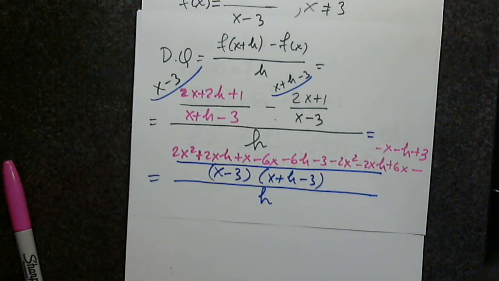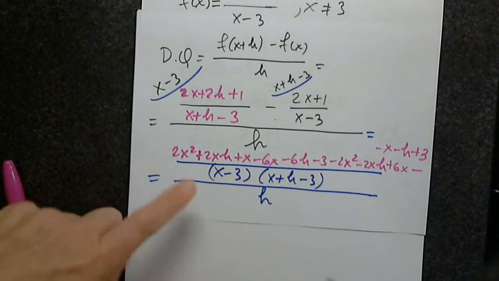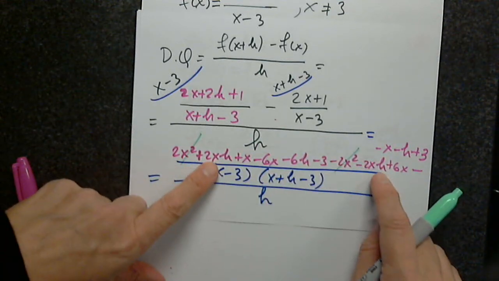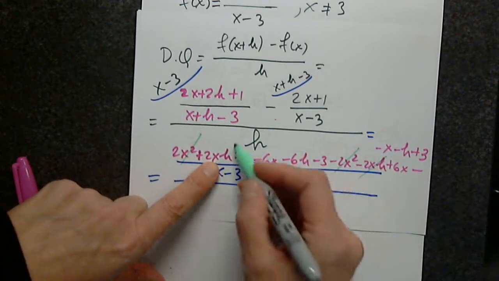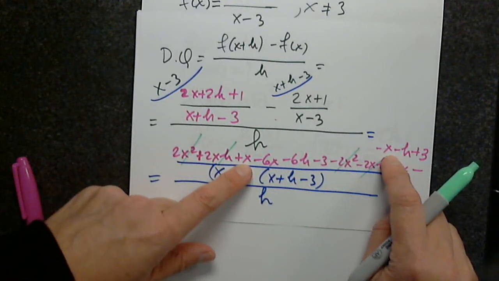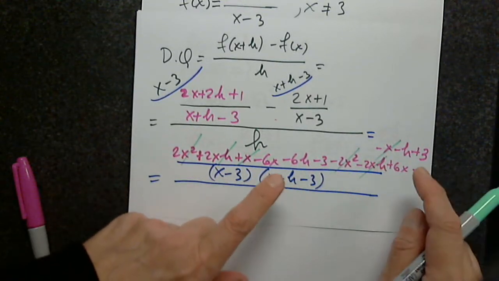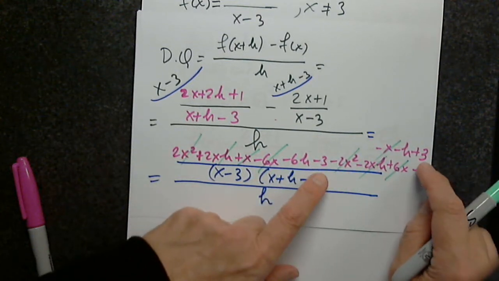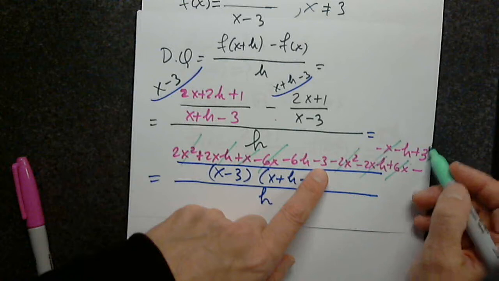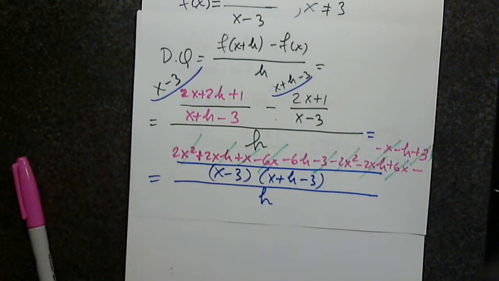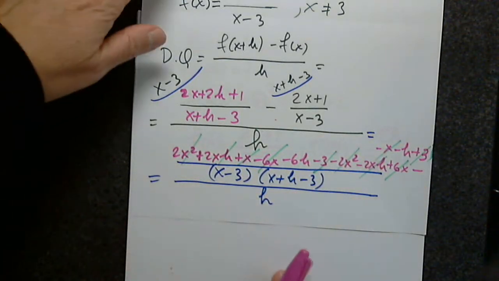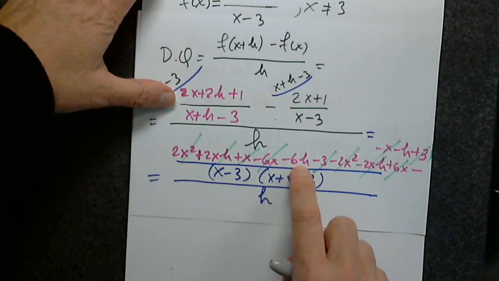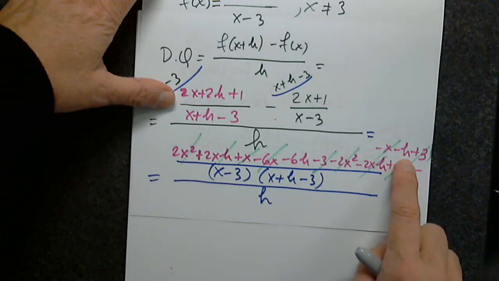So let's take a look. 2x squared goes away. 2xh goes away. x goes away. 6x with positive 6x. Positive 3 with −3. What is left at the end? I see a −6h, and I see a −h.